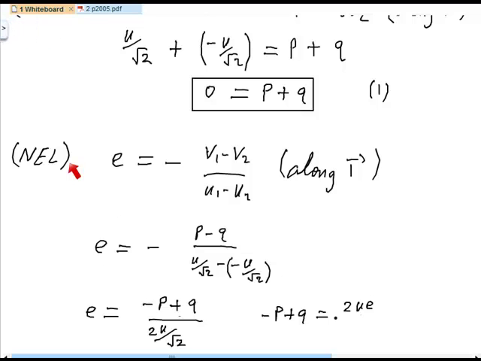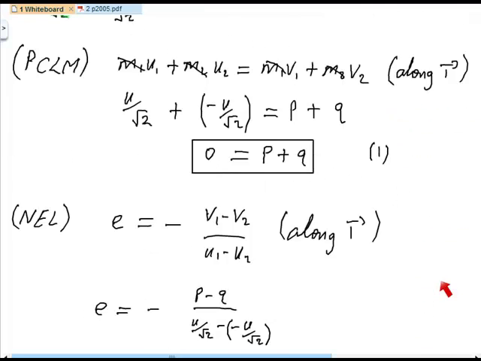And we get minus P plus Q is root 2 UE. And we call this equation 2. And this is now our second simultaneous equation, 1 and 2.